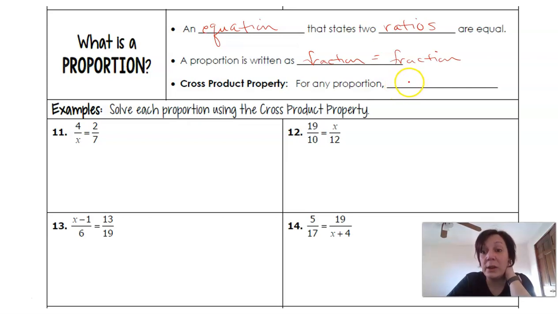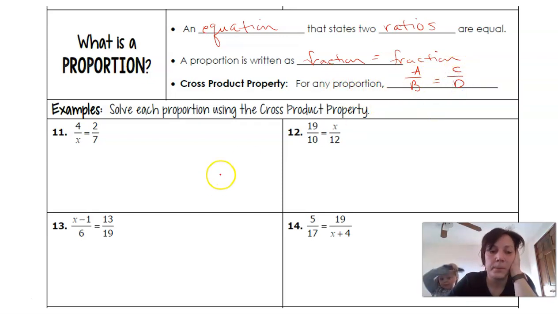To get rid of the fraction, we cross multiply. So all we do, if I have a over b is equal to c over d, is we make a crisscross. We take a and multiply it by d. We take c and multiply it by b.